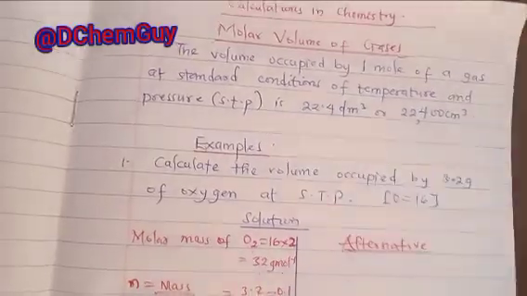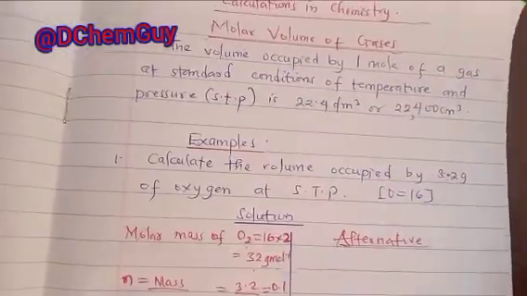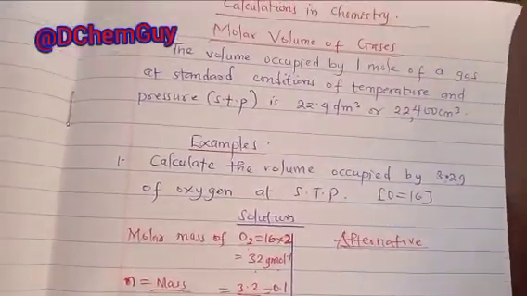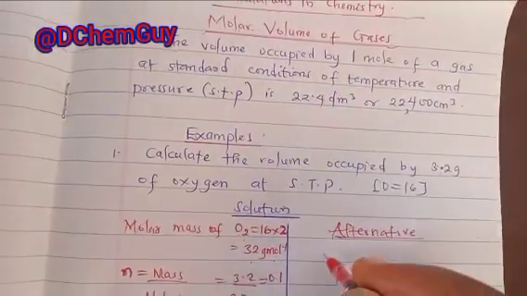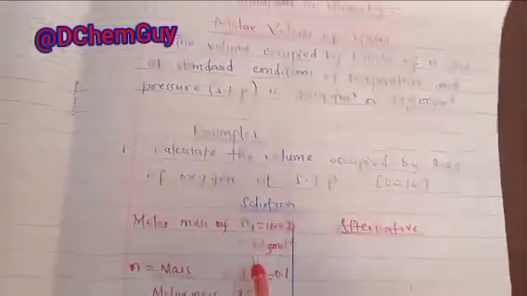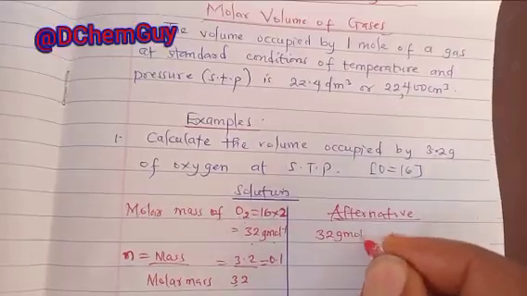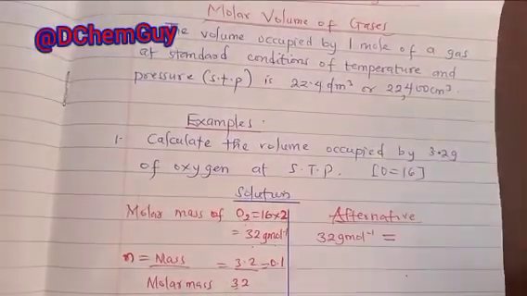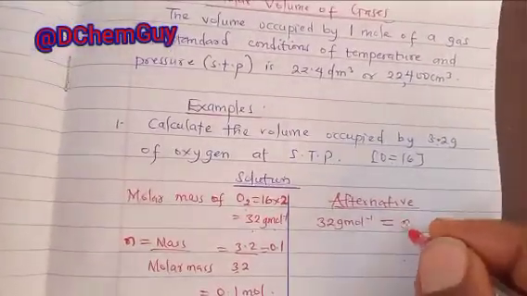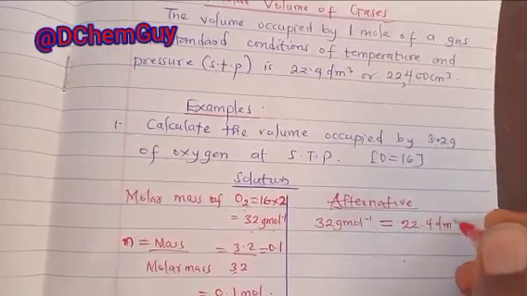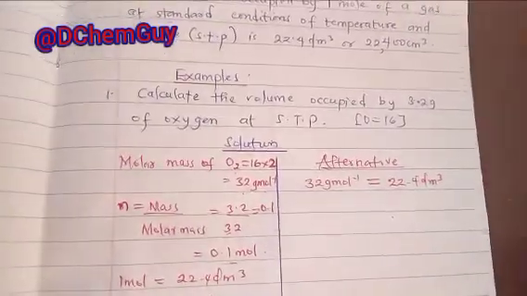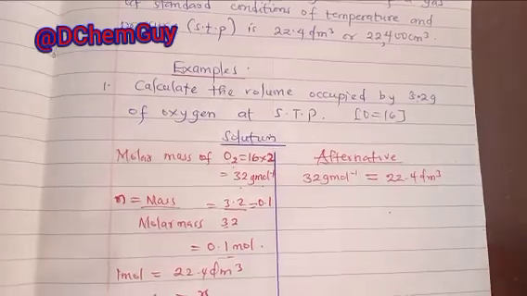So if I say mole, that means the molar mass of that substance also occupies 22.4 dm³ at STP. The molar mass of oxygen is 32 gram per mole, which occupies 22.4 dm³ at STP.